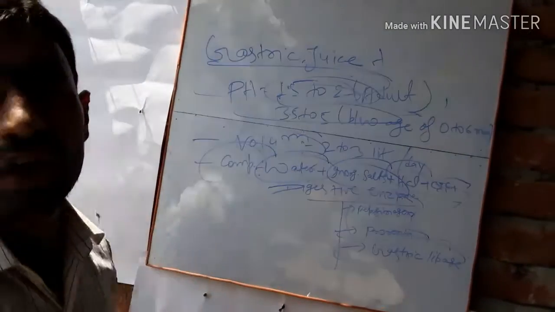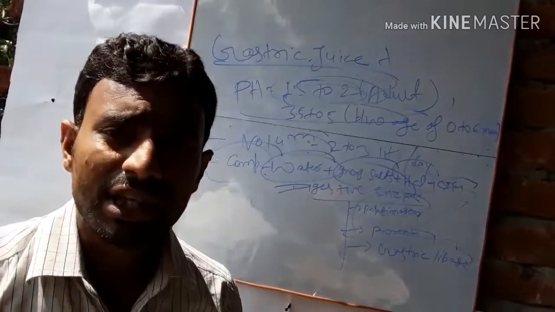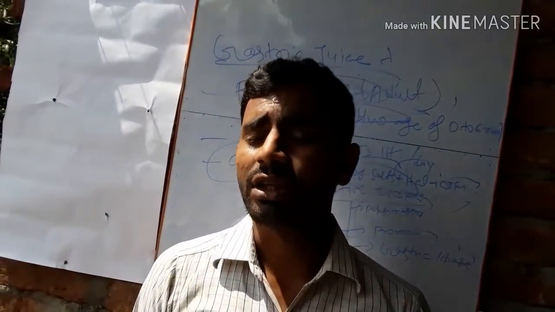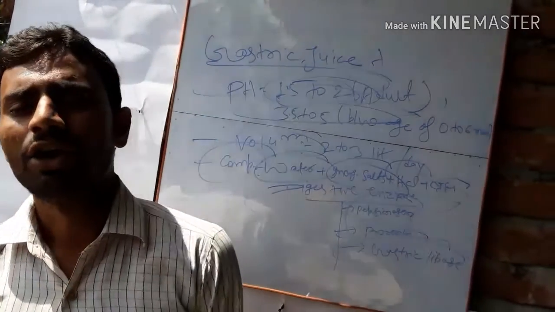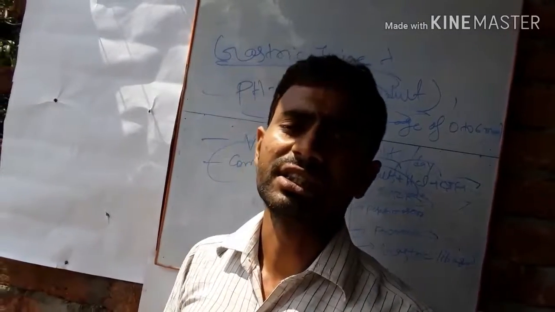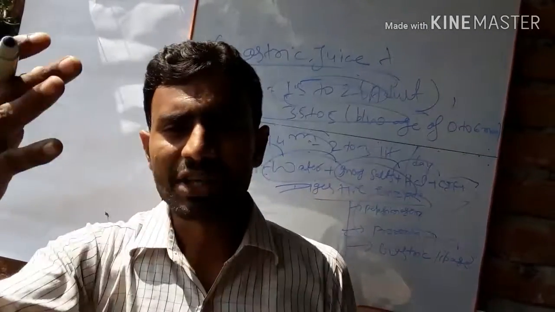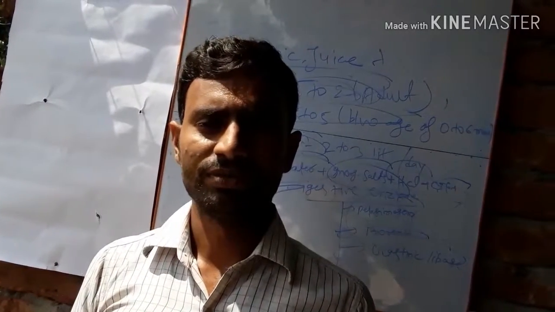This is the complete knowledge about the digestive gland. In the next class, we will discuss the liver, the largest gland of our body, whose weight is 1.6 kg. So wait for the next class on the liver. Thank you.